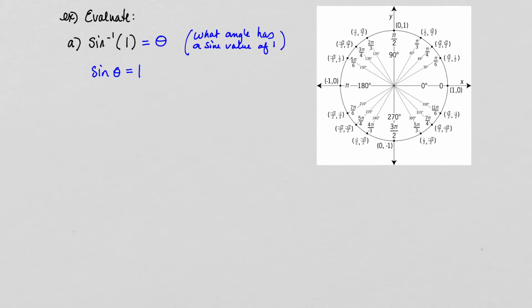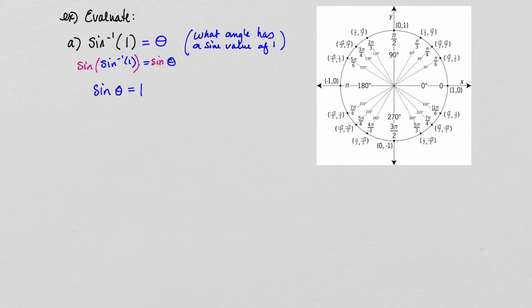The other way you could think about it, let me move this down a little bit, is I had the inverse sine of 1 being equal to, I'm going to leave some space, theta. And then I took the sine of both sides. So I took the sine of the inverse sine and I took the sine of theta.